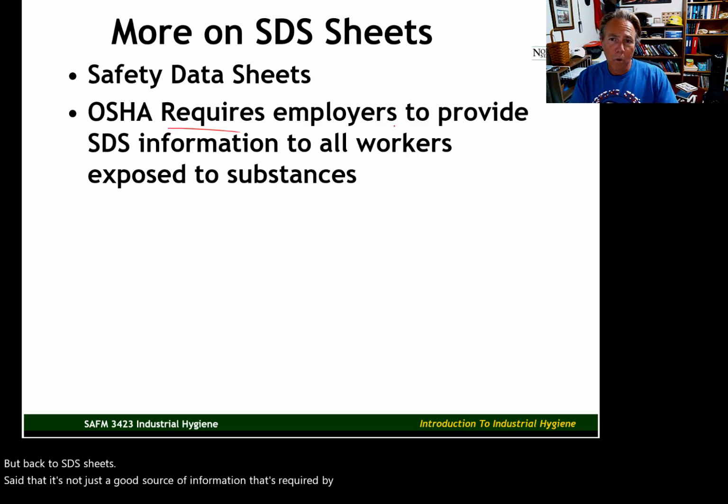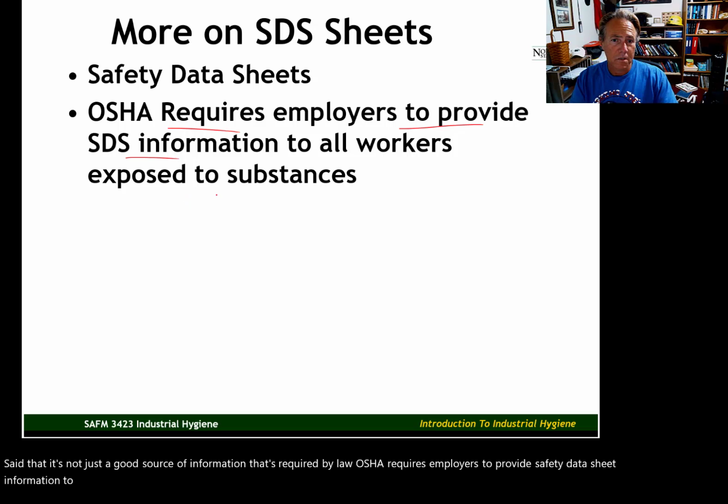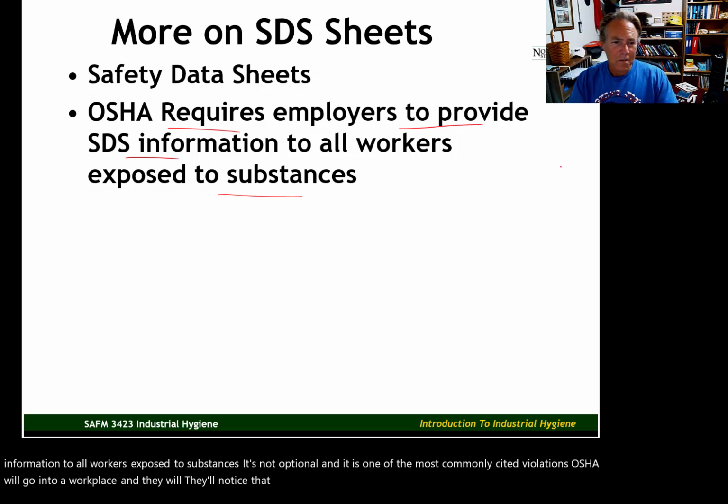OSHA requires employers to provide safety data sheet information to all workers exposed to substances. It's not optional. And it is one of the most commonly cited violations. OSHA will go into a workplace and they'll notice that, hey, there's some chemicals over here.